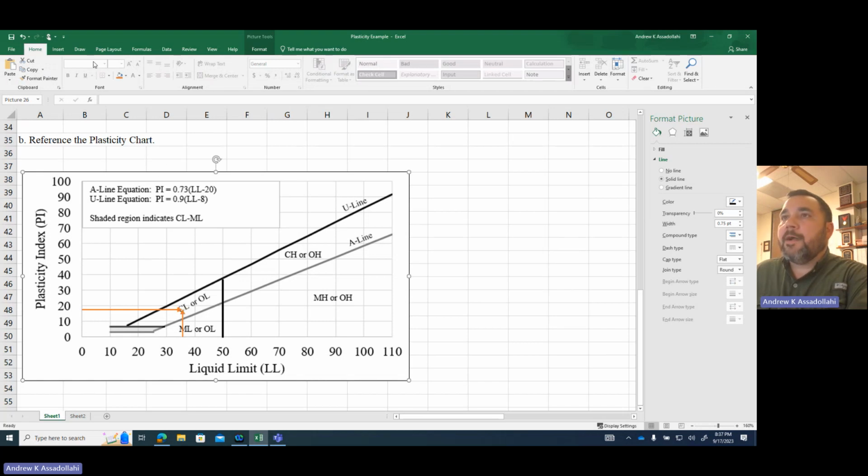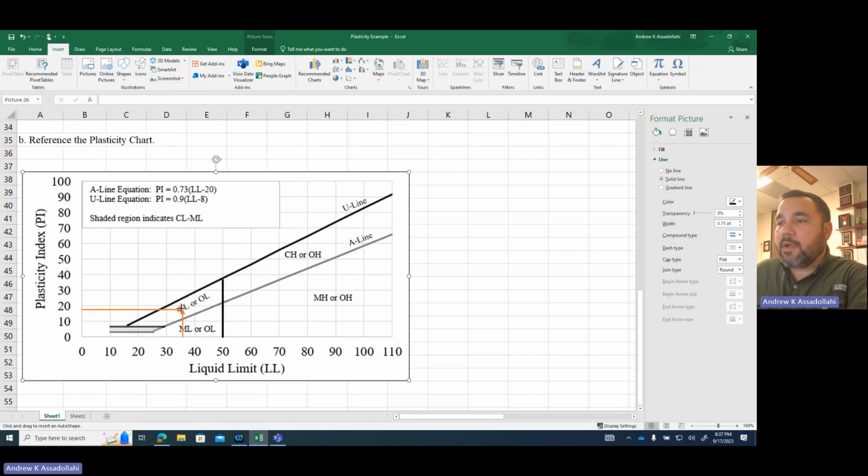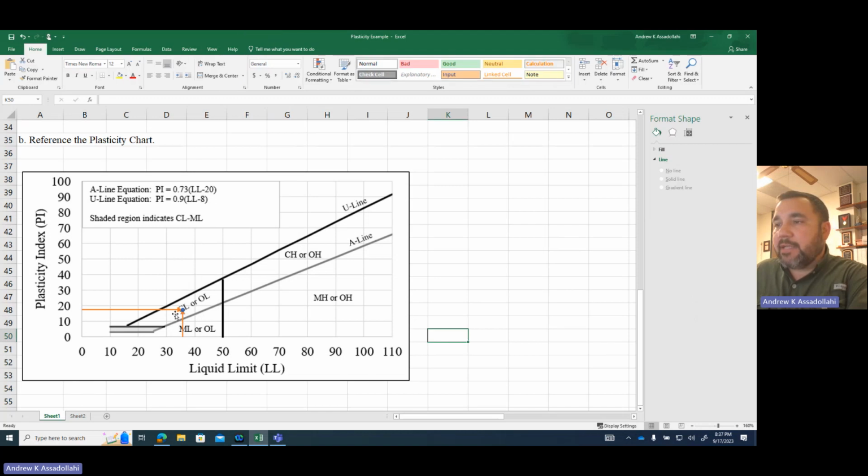Okay. So if I want to, go a little above and beyond and put a little dot there, I land in this region, which is a CL or OL. Okay.